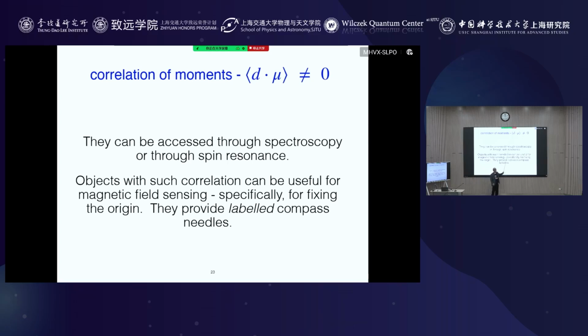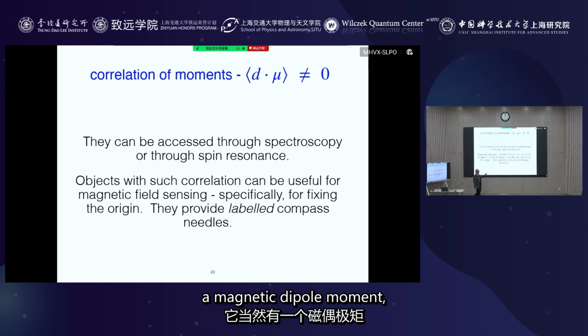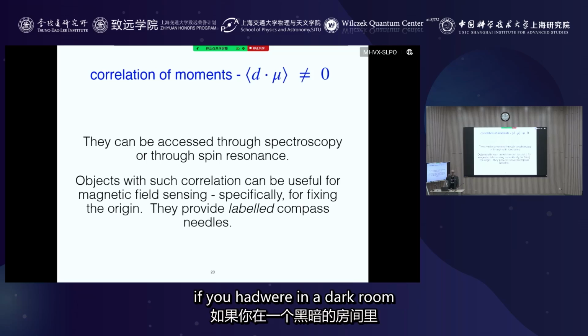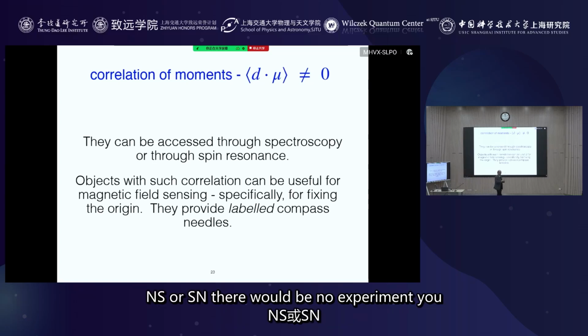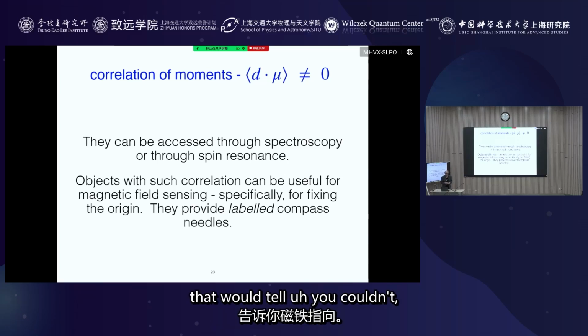If you think about it, if you have a bar magnet, that of course has a magnetic dipole moment, but it doesn't come with a label, N or S. If you were in a dark room and didn't know whether the magnet was NS or SN, there would be no experiment you could do that would tell.